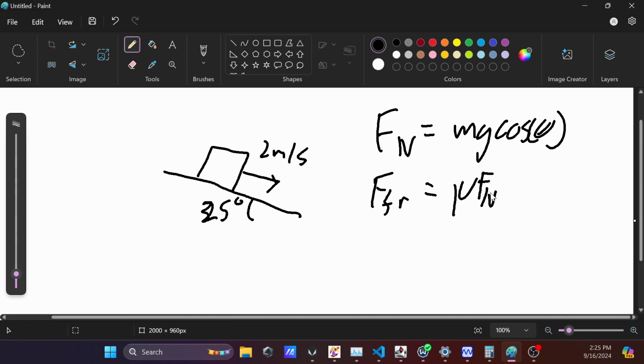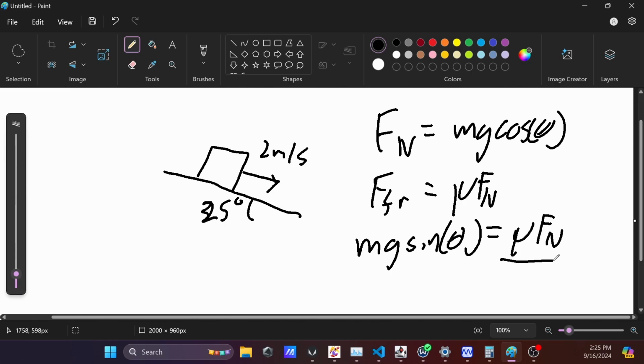But mg sine theta equals the frictional force because the block is not accelerating. Then you would have to solve for mu, but actually what you could do is use that this is equal to Fr.